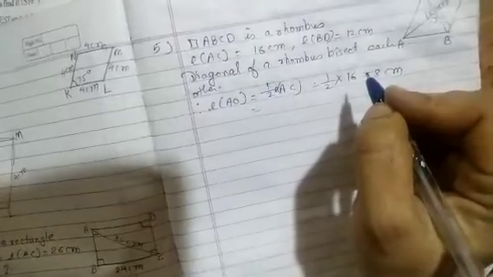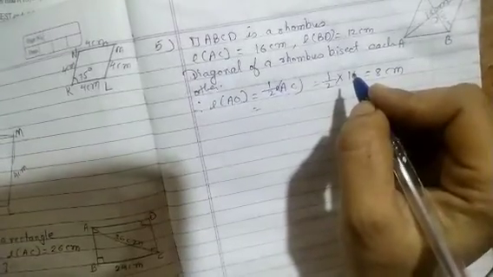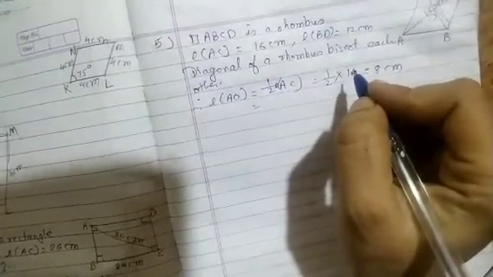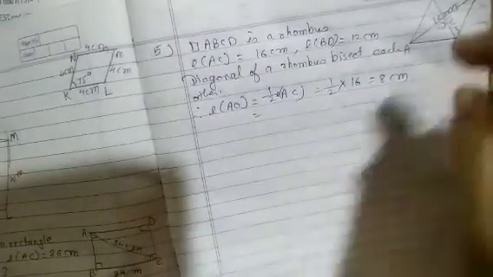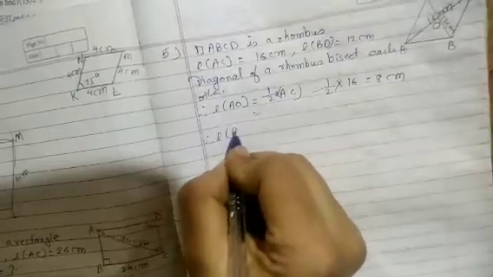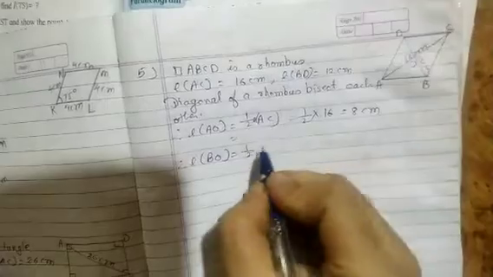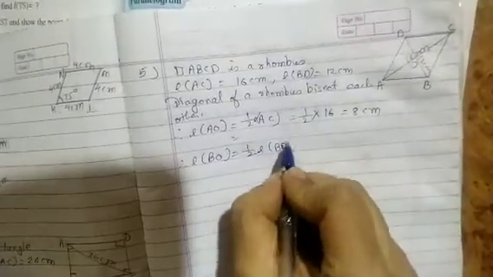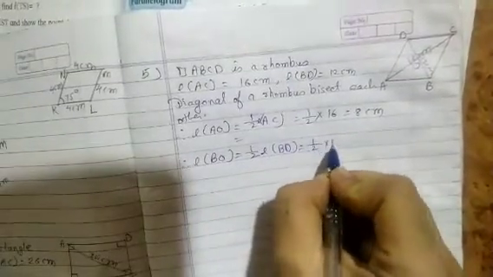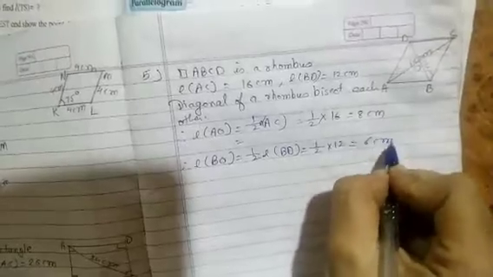We got 8 centimeter here. Now similarly we will find BO. Therefore the length BO is half of BD, that is half of 12, which is equal to 6 centimeter.